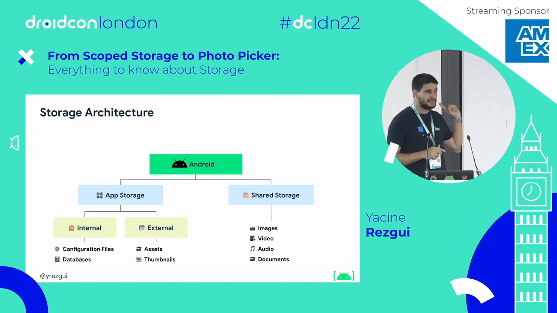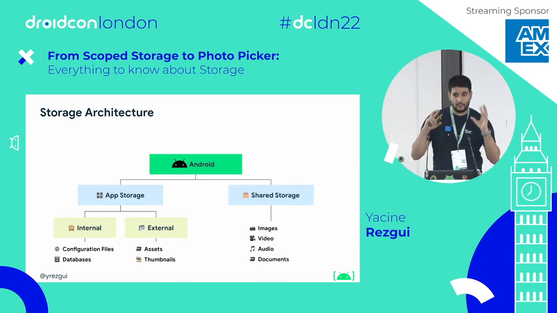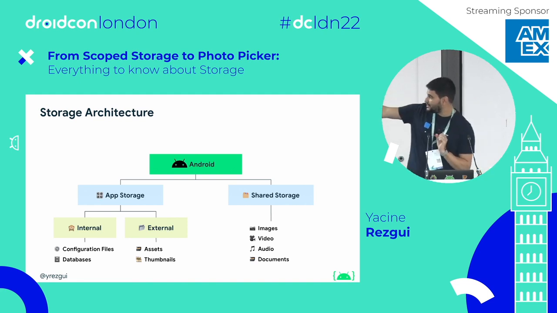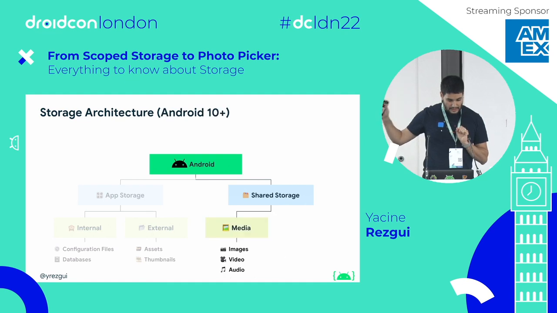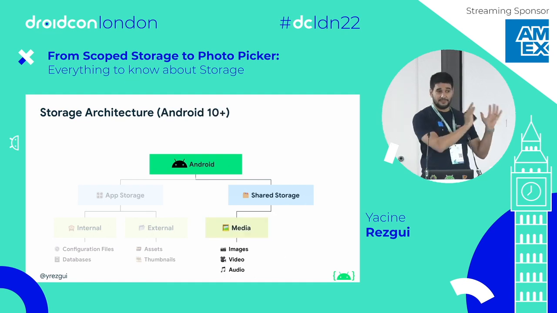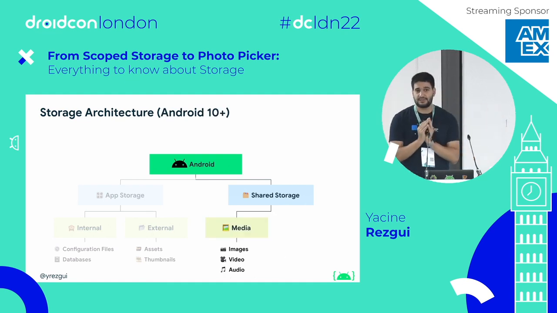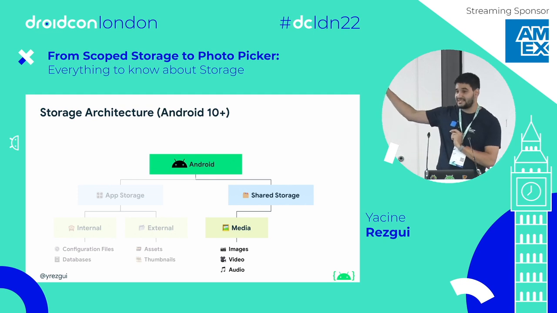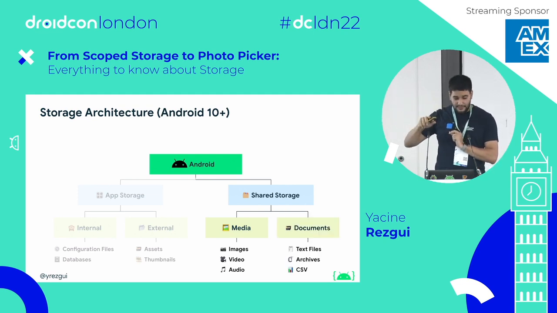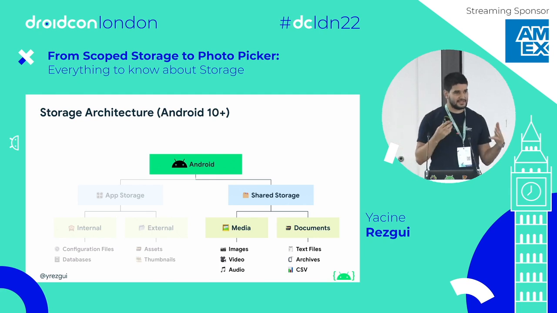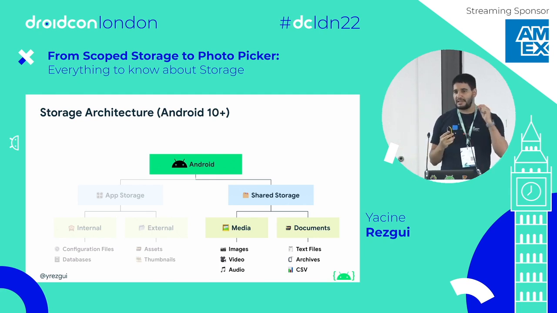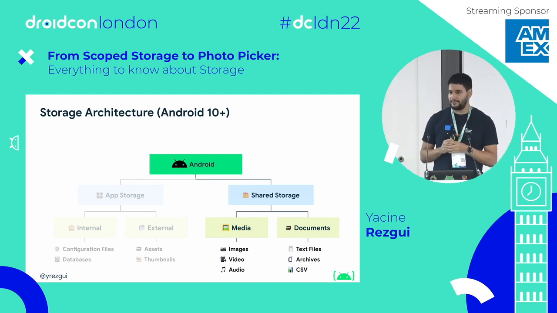So remember that schema we saw earlier? So what happened is, on the shared storage, where we had all those types of files there, now we separate them into having media files. So when you ask read external storage, you only have access to this type of files. And if you want to access documents, so text files, CSVs, PDFs, etc., you have to get through the document picker.